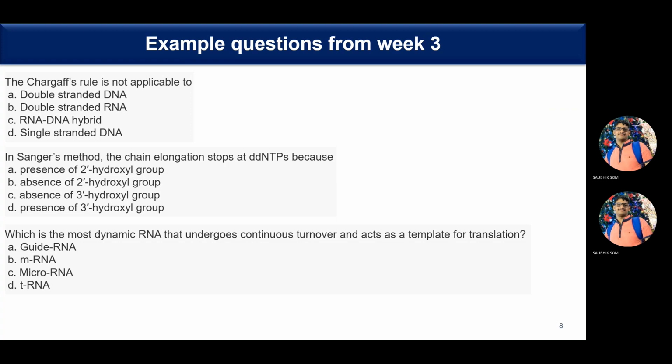Now, what Chargaff's rules always said is that A will always base pair with T, and G will always base pair with C, and the percentage of A will always be equal to the percentage of T, as well as the percentage of G will always be equal to the percentage of C, and in any species the percentage of purines will always equal the percentage of pyrimidines.